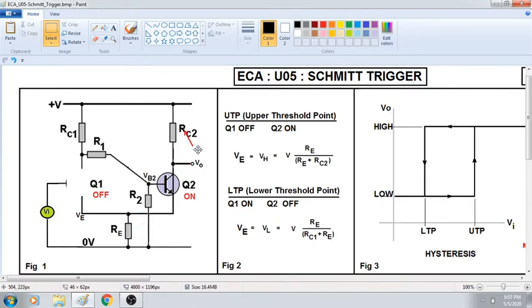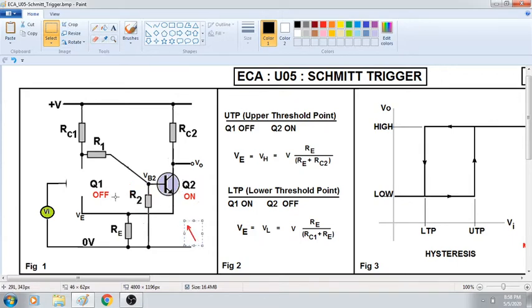Understood? This is called the upper threshold point, or sometimes the upper trigger point also, but popularly we use the acronym UTP. Remember, you just have to remember this. Okay, what did we do here?